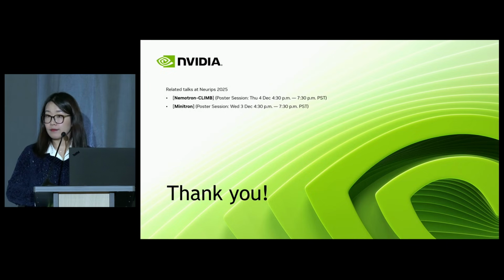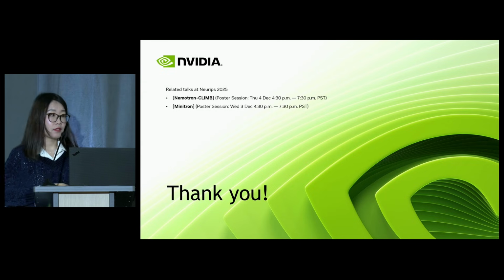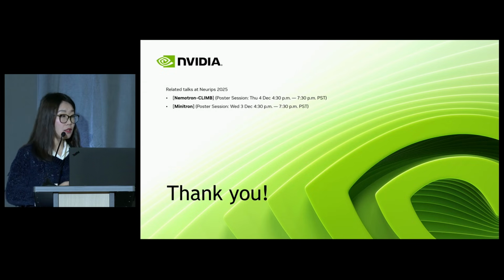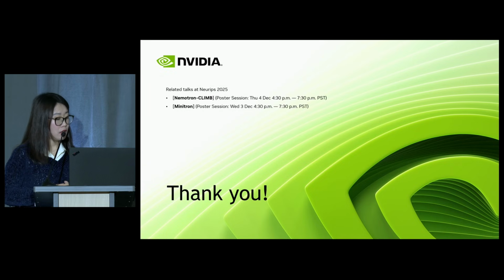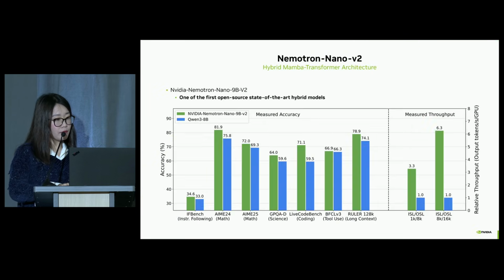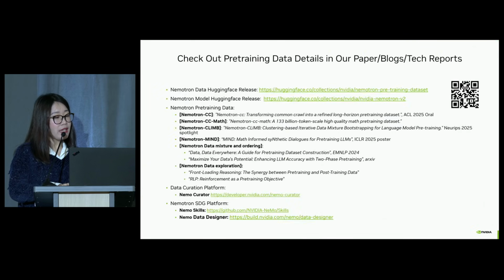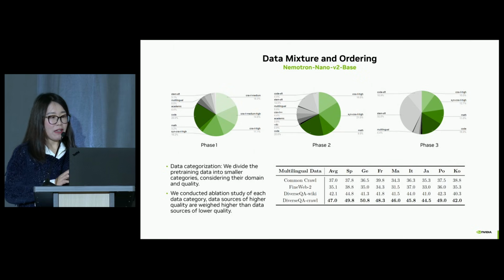Any other questions? Hi. Could you talk more about how you do the weighting based on the quality? Actually, first of all, we do have papers talking about the details of the data mixture and ordering. And generally the answer is, first we need to further categorize our data into smaller categories.